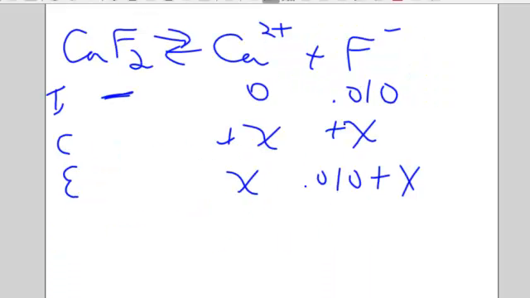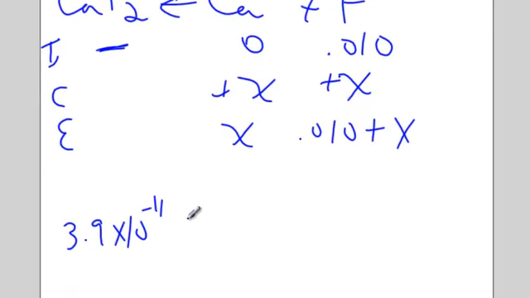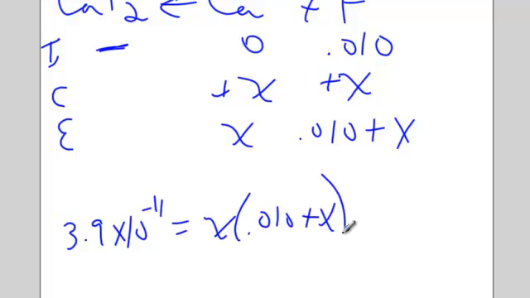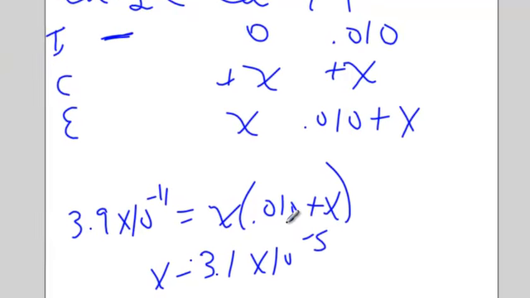The KSP, which in this case is 3.9 times 10 to the negative 11, is going to be x times (0.010 plus x). And if you solved that, you would find x equals 3.1 times 10 to the negative fifth. This number here is, of course, smaller than what it would be if I had put the CaF2 in pure water. So that's that whole common ion effect.